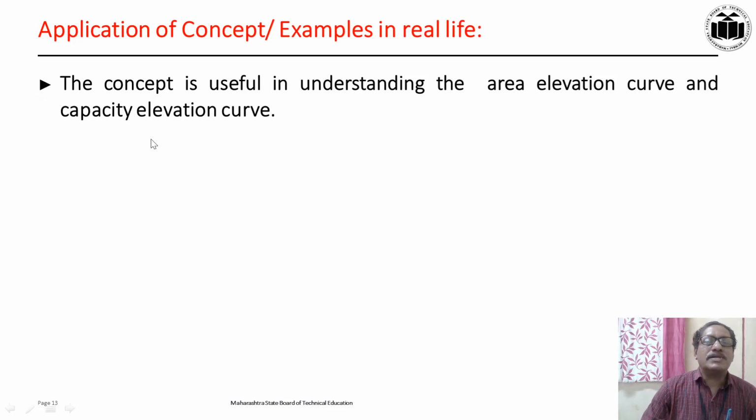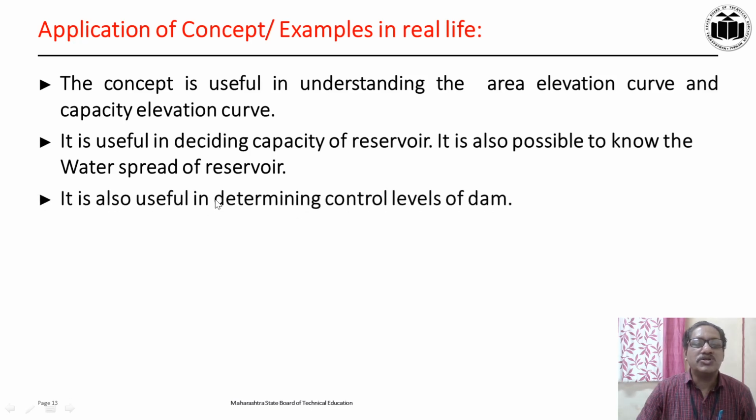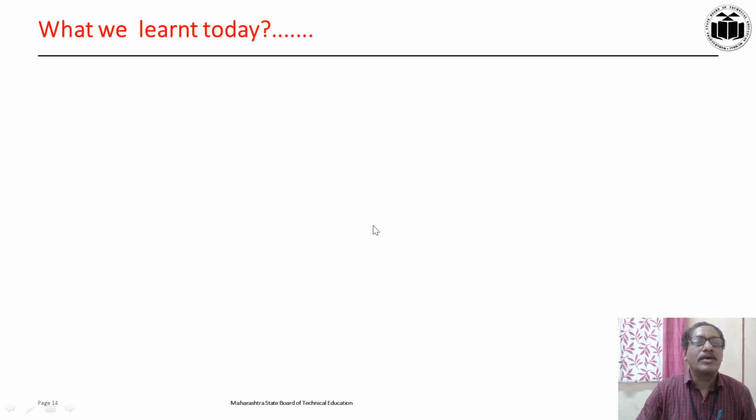The concept is useful in understanding the area elevation curve and capacity elevation curve. It is useful in deciding the capacity of the reservoir. It is also possible to know the water spread of the reservoir. It is also useful in determining control levels of the dam.